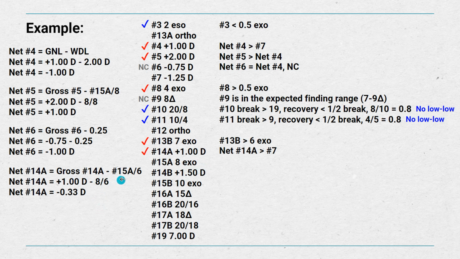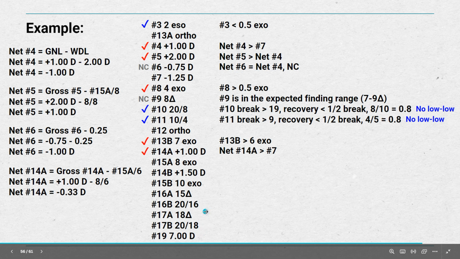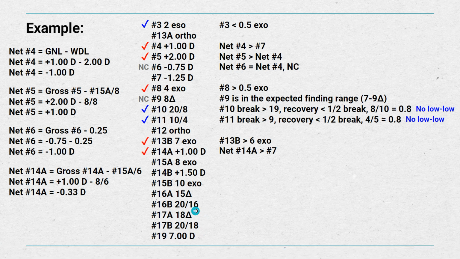So 8 over 6, you divide by 6. Again, we don't use the times 19 over 5 because number 19 is more than 5 diopters. So just compute. The net number 14a is negative 0.33. We compare it to number 7, which is negative 1.25.